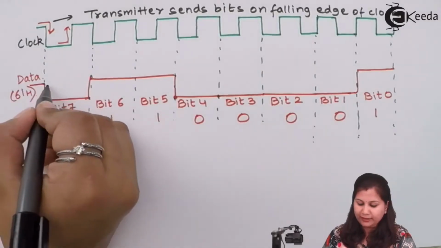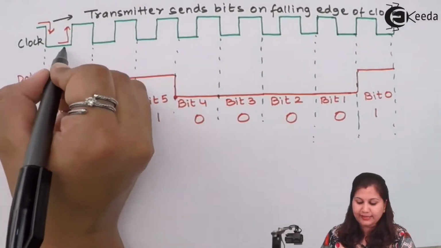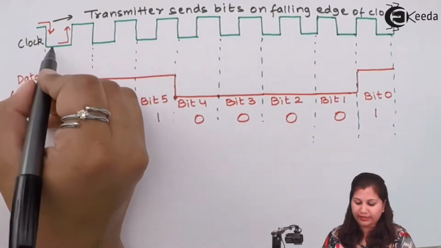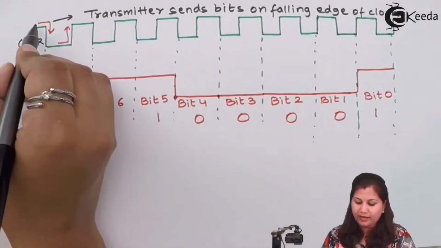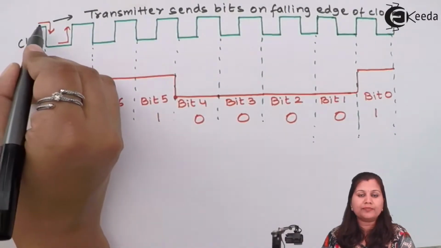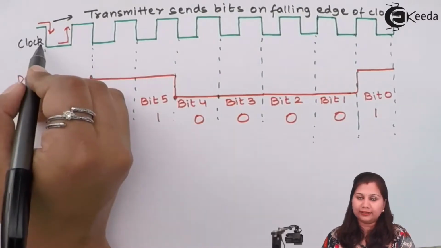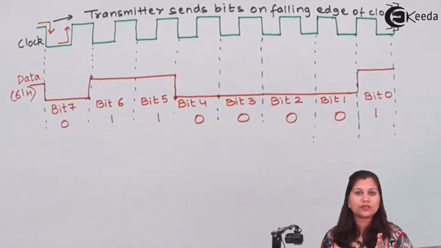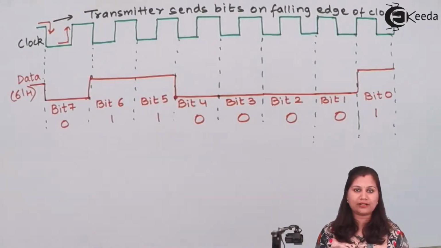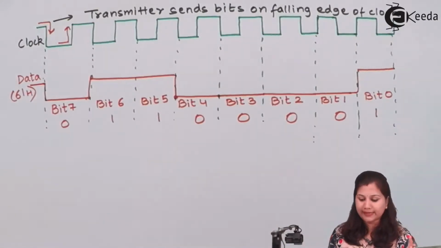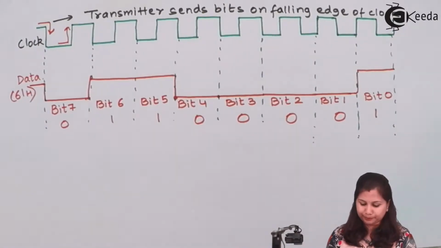So starting is the part where, at this rising edge, it is going to read, and it is the starting where the transmitter is sending the data. So in the case of synchronous, two signals are transmitted. One is the clock pulse and second is the data.